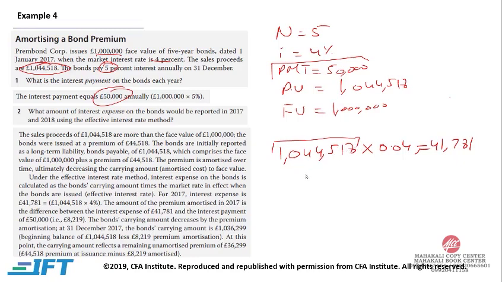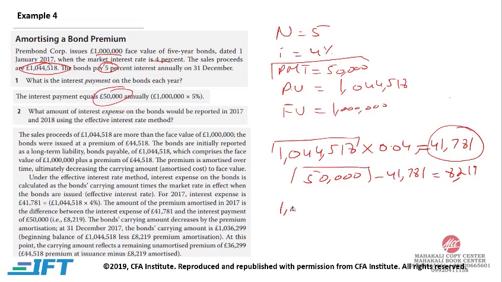It's a premium bond. Our interest expense is 41,781, but we paid how much? 50,000 we paid. So not only did we pay the interest, we also paid some amount of principal. So how much of the principal did we pay? 50,000 minus 41,781 is 8,219. Now the carrying amount would be reduced by 8,219.